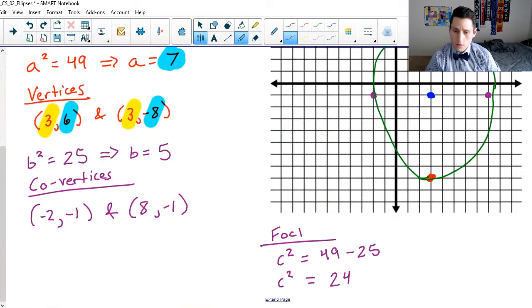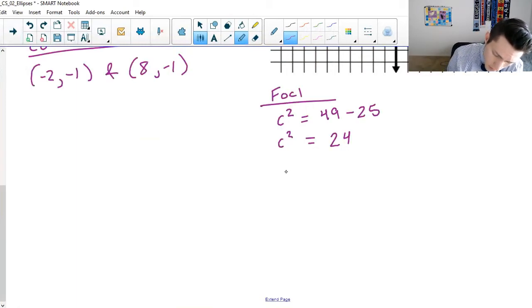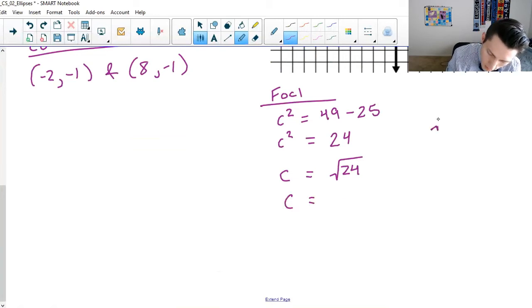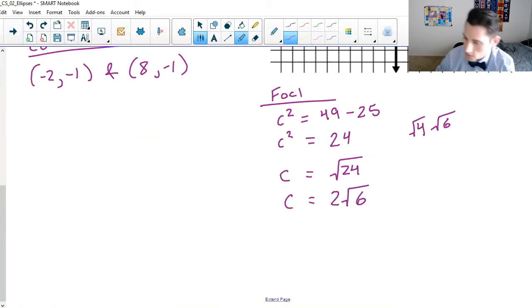So c squared equals 24. We'll take the square root. So the square root of 24, we'll go ahead and simplify that. 24 I can think of as square root of 4 times square root of 6. So 2 root 6.